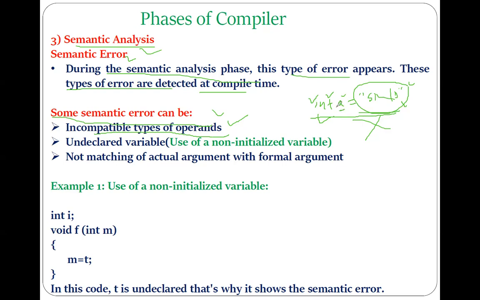This particular variable is of type integer, and you should assign it only an integer value. Understood? If you don't assign it an integer value, then it is considered an incompatible type of operands.